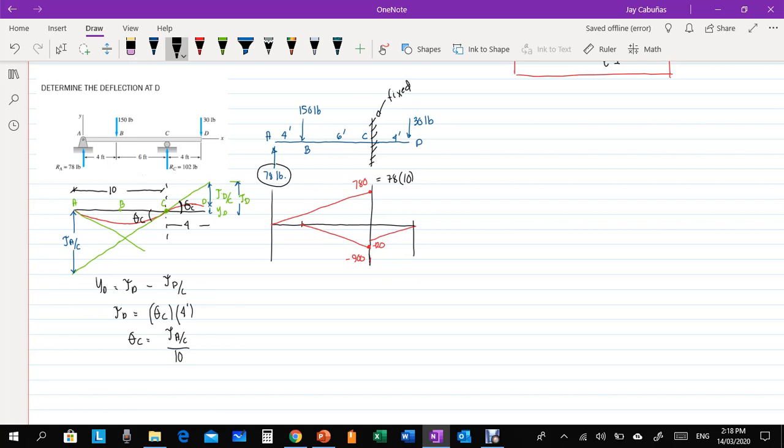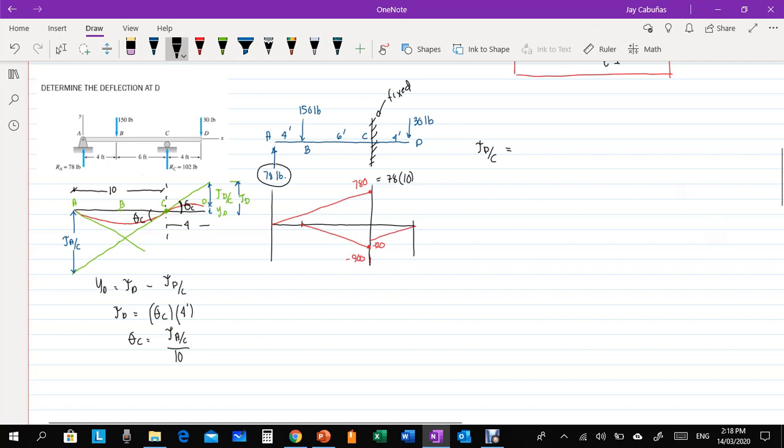So first, we compute the deviation of D relative to tangent line C. Okay, this one. So how do we compute it?